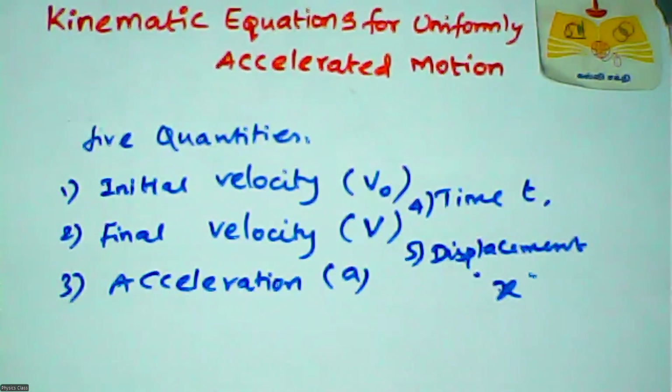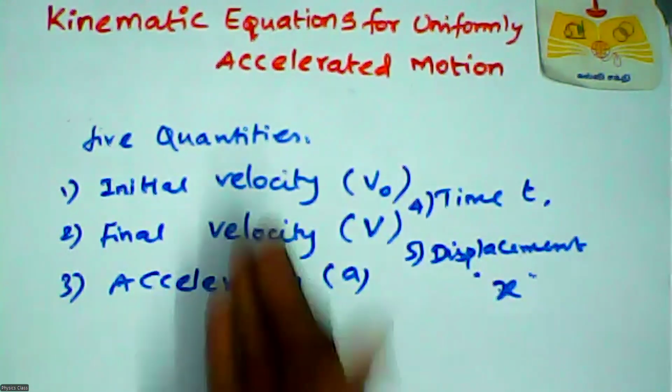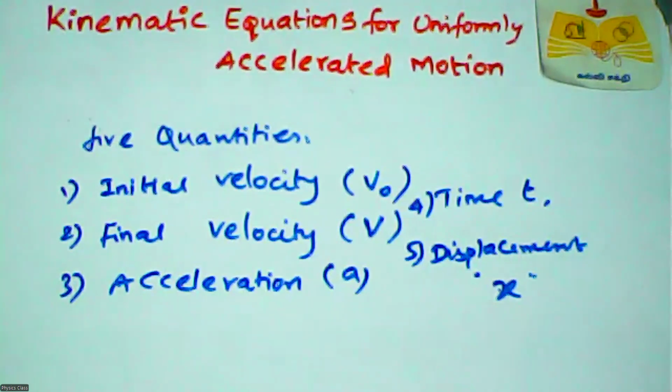They connect these five important quantities: initial velocity, final velocity, acceleration, time, and displacement.